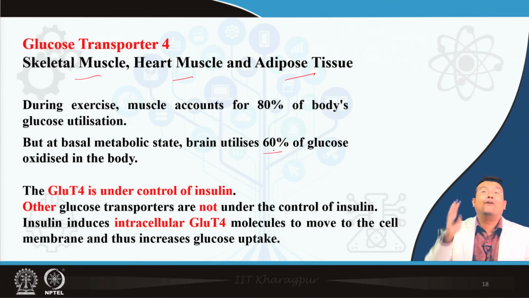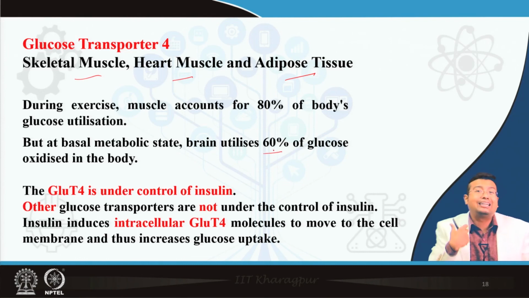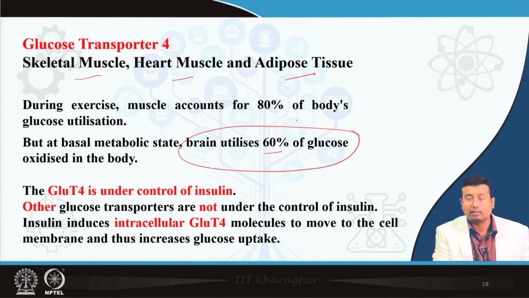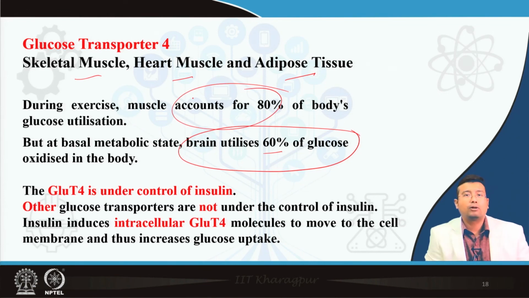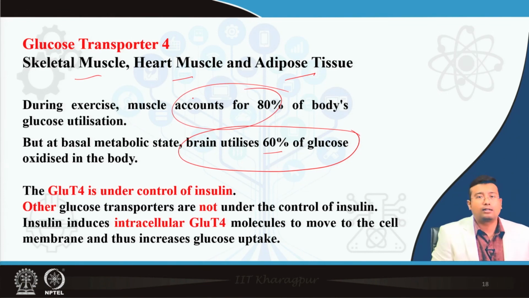So, mind it, when we are not actively working, basal metabolic rate means during sleep actually, when nothing else is working, the brain is the main source of glucose utilization, and during exercise, muscle is the main source of glucose utilization. Okay. So, what is so special about GLUT4 compared to all other glucose transporters?